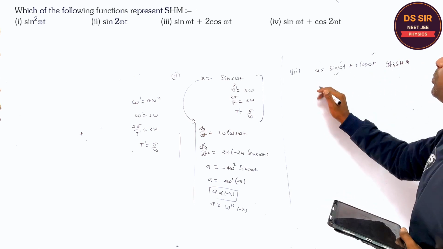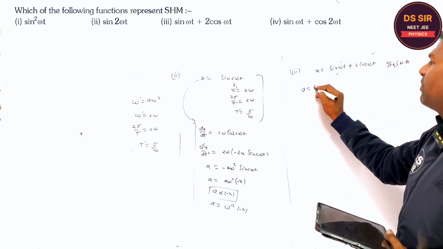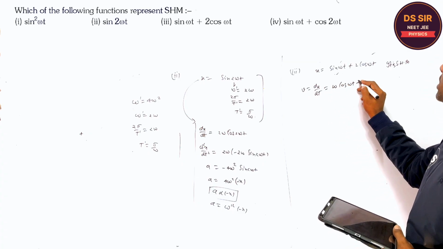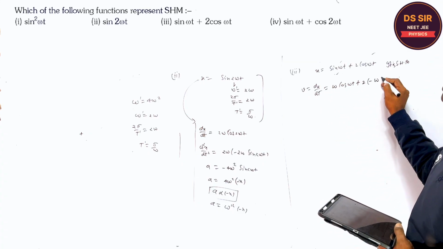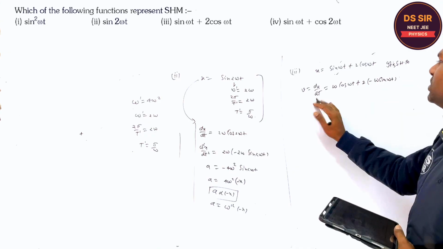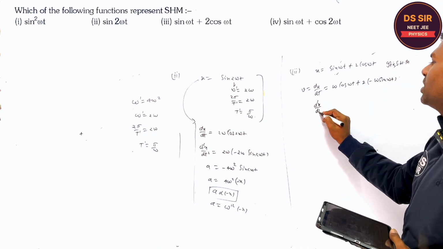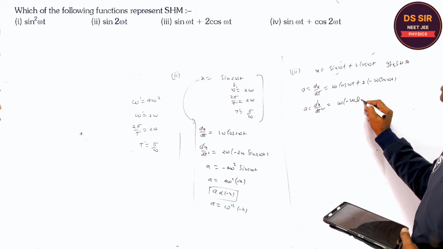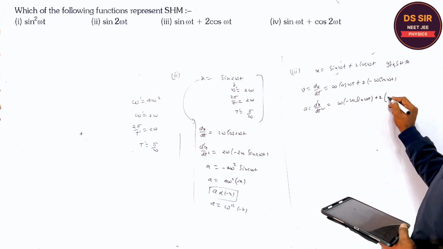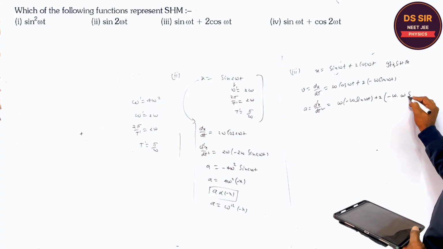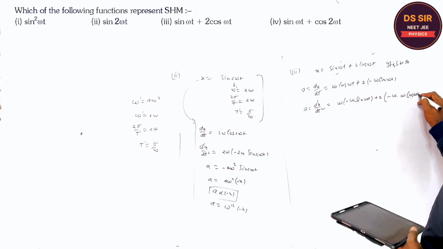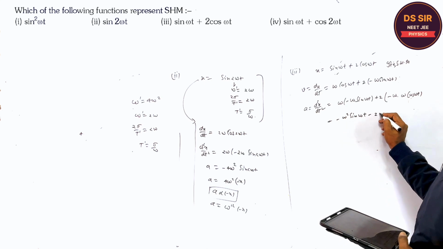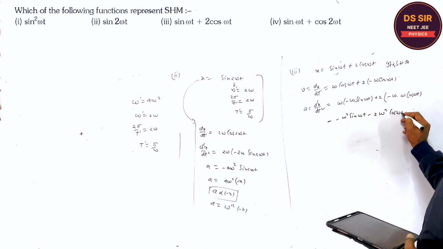But how to prove it, if somebody asks? Find the velocity: dx by dt is omega cos omega t minus 2 omega sin omega t. Differentiate once again to find the acceleration: minus omega square sin omega t minus 2 omega square cos omega t.